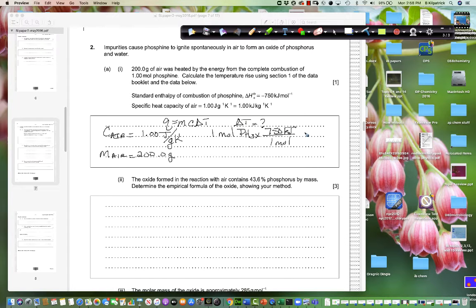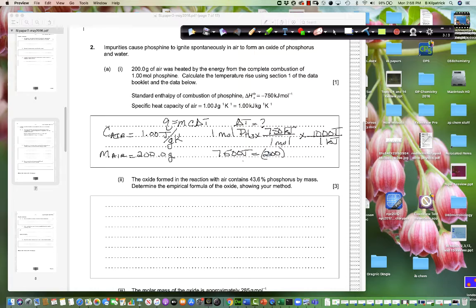Let's convert this to joules. 1 kilojoule is equal to 1,000 joules, so I will have energy of 750,000 joules. This is my amount of energy, this is c, this is m. At this point I can just plug it into Q = mcΔT. Q is 750,000, my mass is 200 grams.